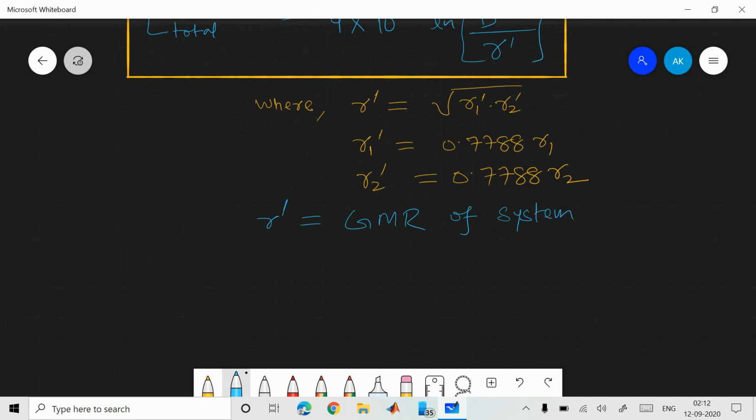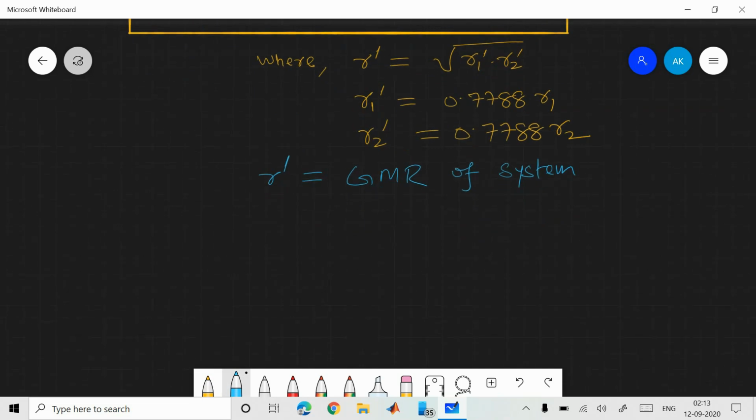GMR means geometric mean radius, and this D will be called GMD of the system.